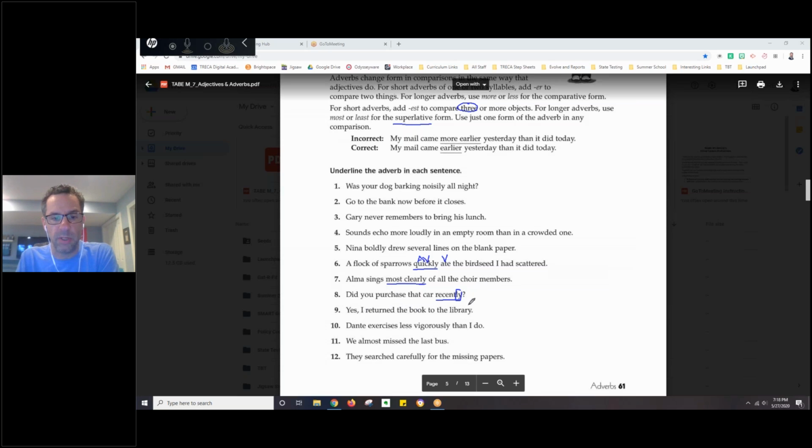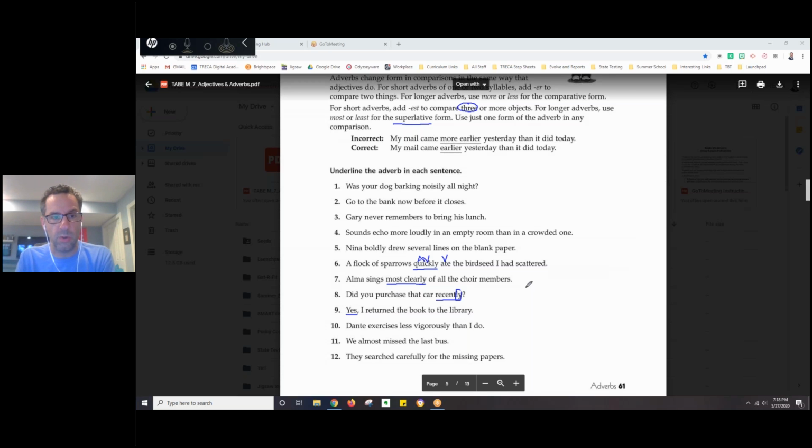Yes, I returned the book to the library. Something that I didn't know before I started teaching adverbs, I'm not an English teacher, but positive and negative words are adverbs sometimes. So, yes, I returned the book to the library. Yes is an adverb.